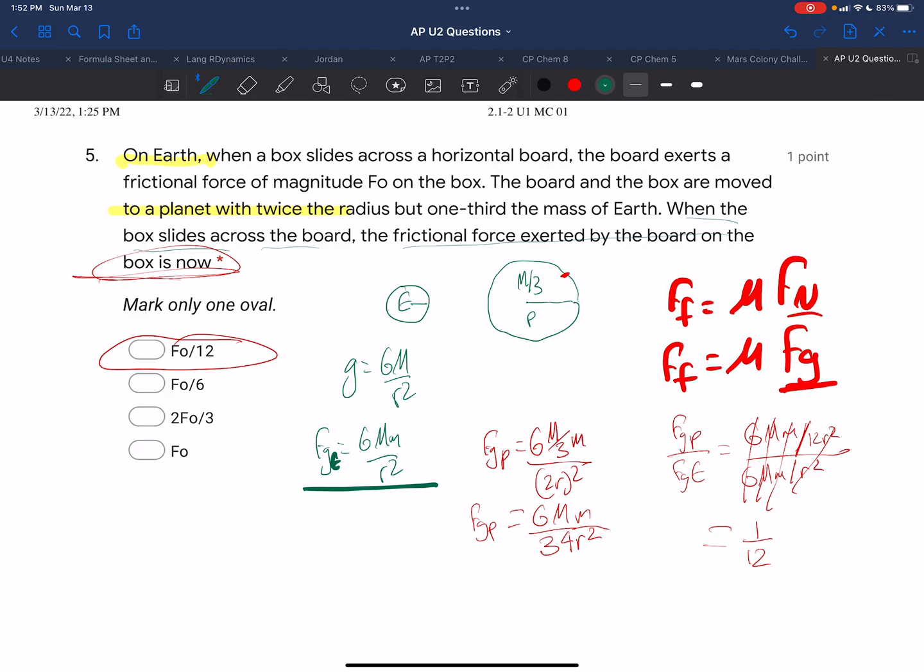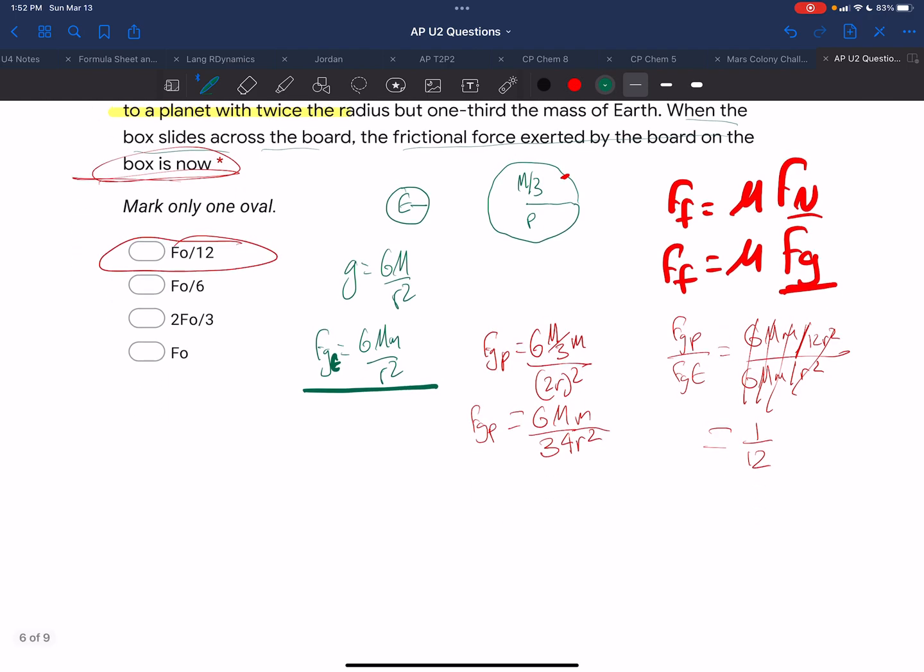Now, this may have been a little messy because of the way I did that fraction up there. If this is easier to understand, we could have said big G big M little m over 12r squared. And we already took care of the 12. Force of gravity of the Earth is big G big M little m over r squared.